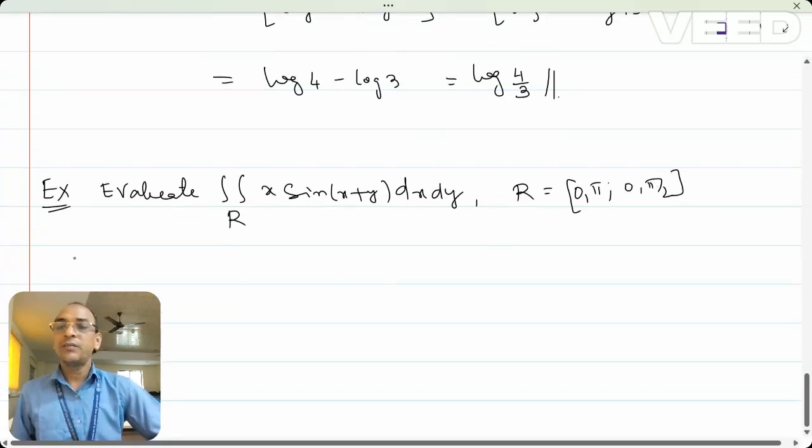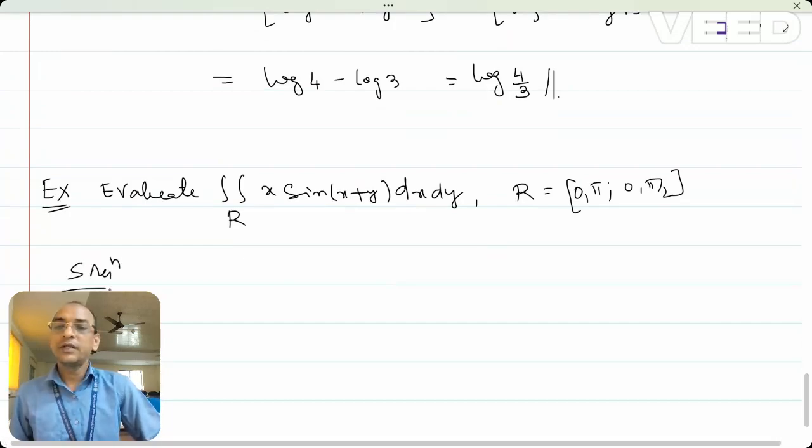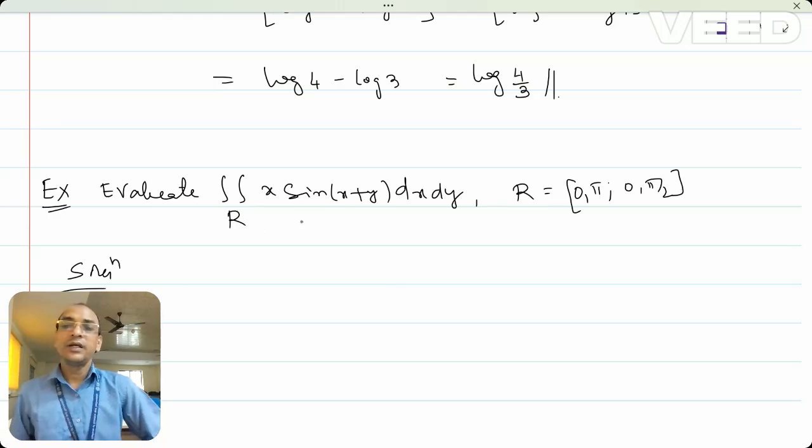So here you have to think a little bit cleverly. You see, to integrate x into sine x, we need the by parts method. Simply x sine x dx, to integrate it, we need the by parts method.